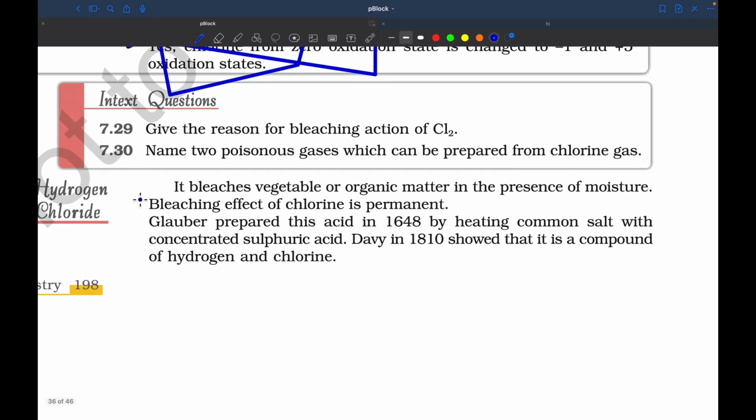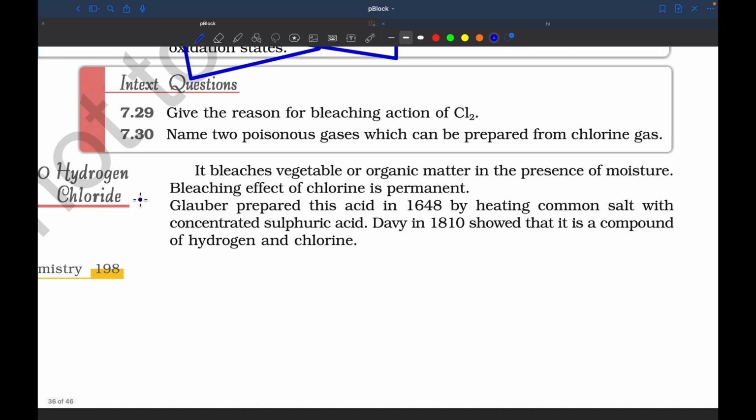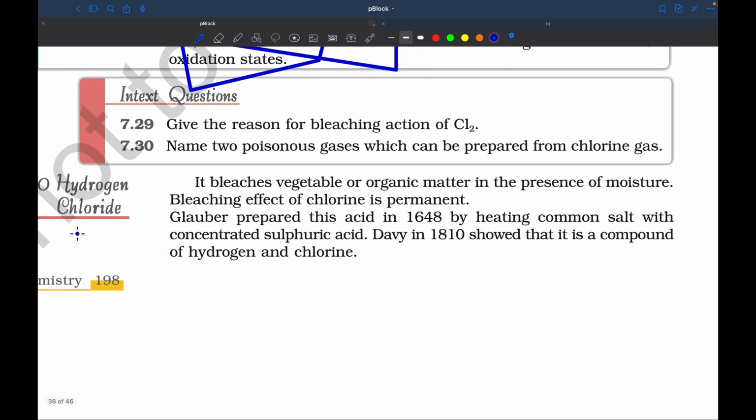Okay. So next one we'll go to hydrochloric acid, HCl preparation. Hydrochloric acid was prepared by Glauber in 1648, by treating common salt with concentrated sulfuric acid.